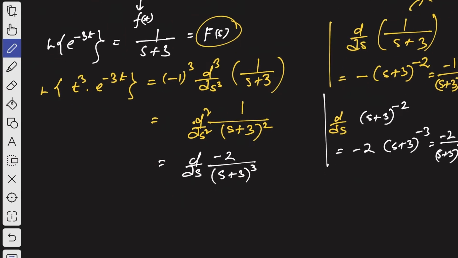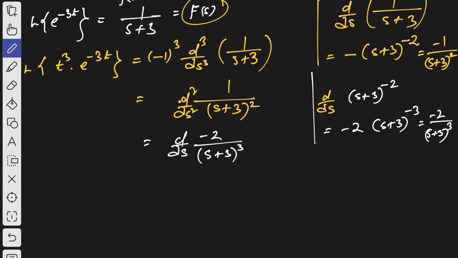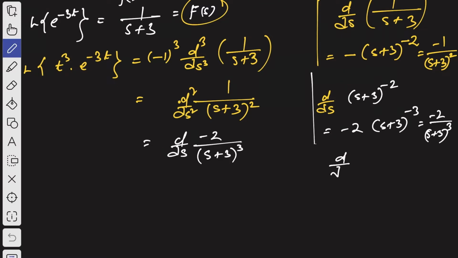Now again we need to differentiate it. If you differentiate it again, what will you get? Let me scroll down the page. This minus 2 can be written outside. You can assume s plus 3 whole to the power minus 3, so we can write 1 by s plus 3 whole cube as this.